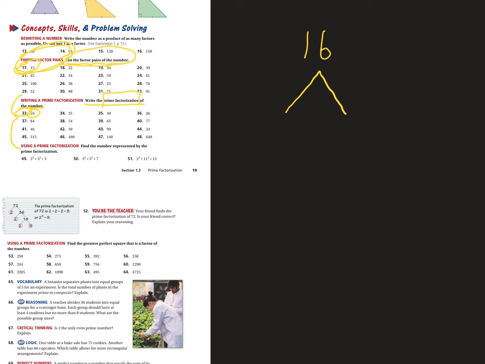What you're going to do is list the factors involved in getting that 16. It can be a variety of numbers sometimes. What you want to do is stay away from the number 1. You can imagine if you used 16 times 1, and then did another factor tree with 16 and 1, you would just keep going.